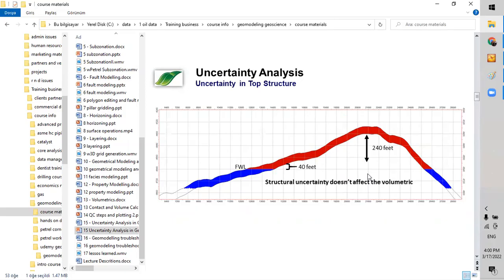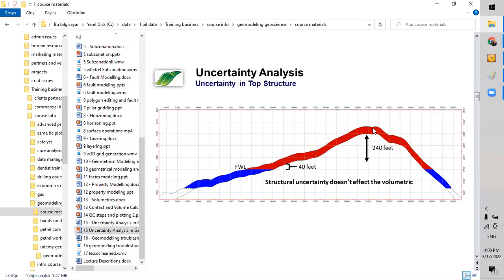Why? Because our free water level or oil water contact is so deep, if the structure goes a little bit down or a little bit up, it doesn't change. Our reservoir thickness is thin and above the contact much higher, and this change does not affect too much.